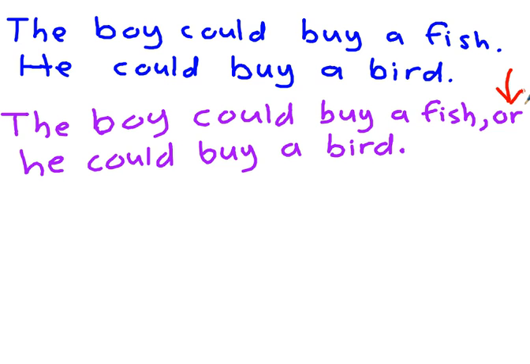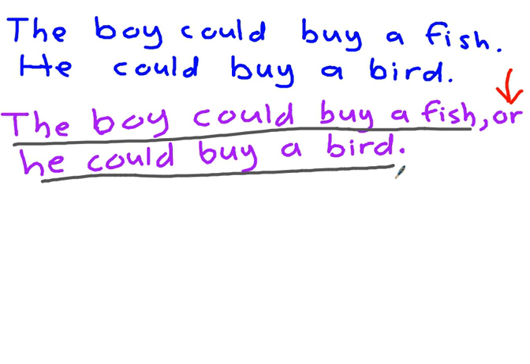It's this or that, okay? All right. So that is a compound sentence. Compound sentence takes two simple sentences. In this case, the boy could buy a fish, he could buy a bird, puts them together with a comma and a coordinating conjunction. So when you look at a compound sentence, it will have two simple sentences in there.